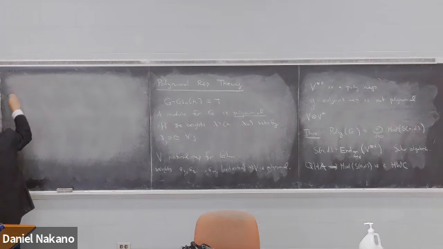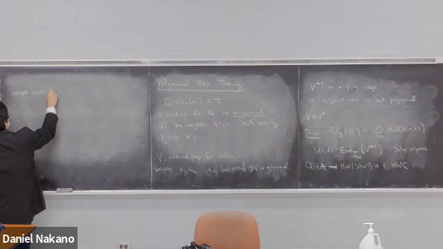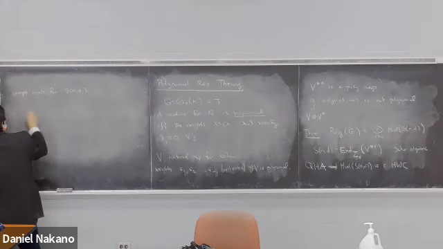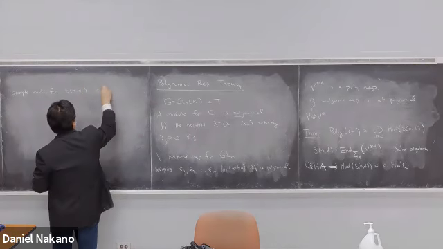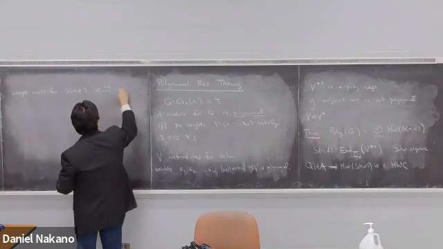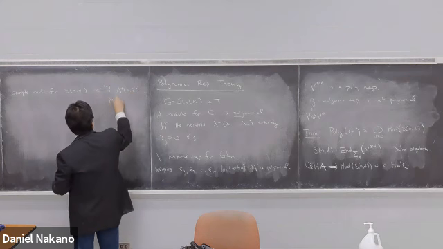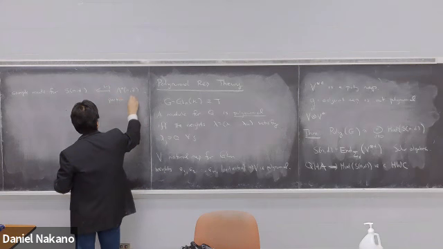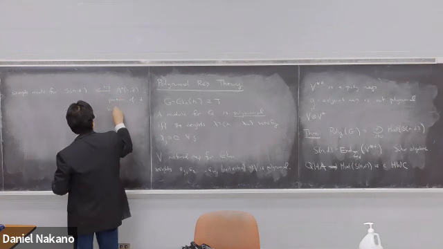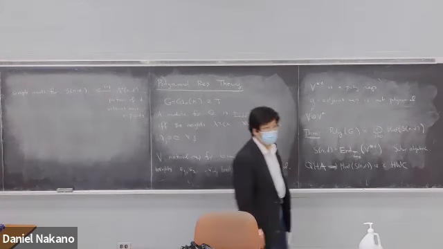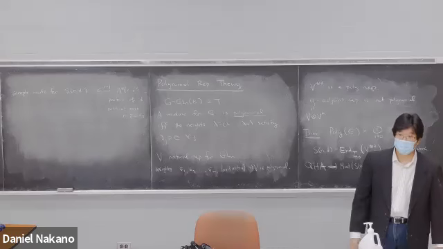Here's a fact. The simple modules for S(n,d) are in one-to-one correspondence with the set Gamma plus (n,d), the partitions of d with at most n parts. Notice that when n is bigger than or equal to d, you're just looking at partitions of d.